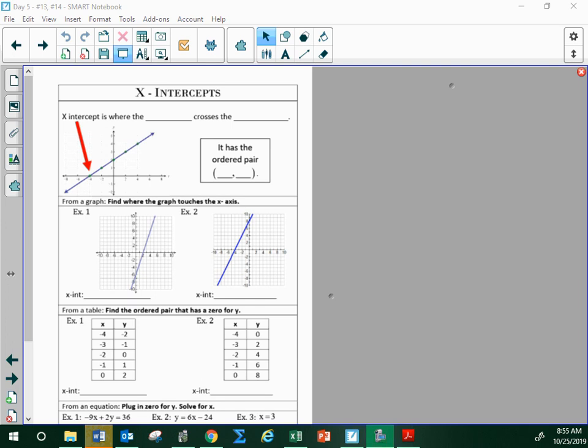Okay, so like I said, today we're doing X and Y intercepts, and we're also going to talk about zeros. Zeros are actually the same thing as X intercepts.